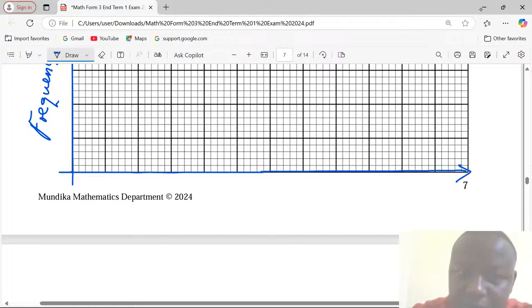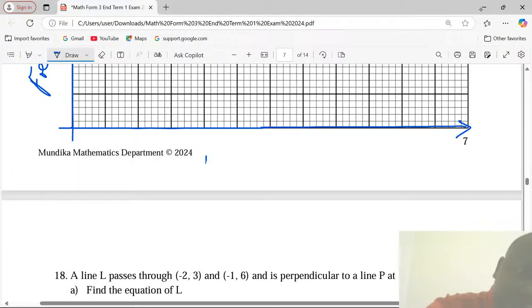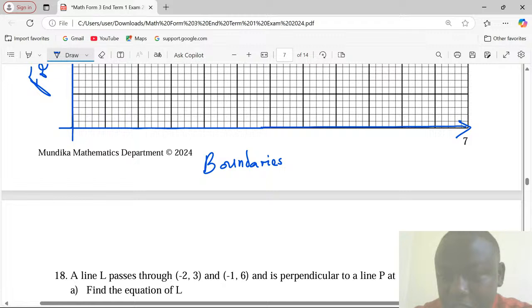So we'll have the boundaries here, whereby it is both upper and lower boundary for each class to represent the data in that particular class.